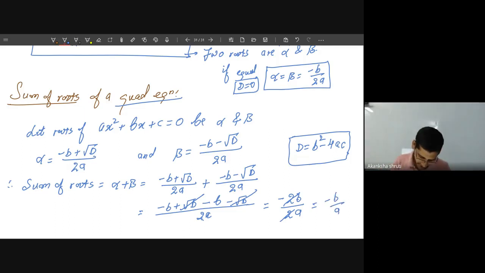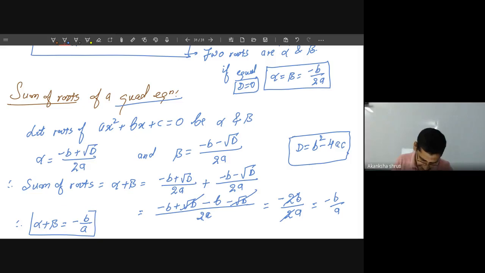Students, what we have obtained is alpha plus beta is equal to minus b by a.